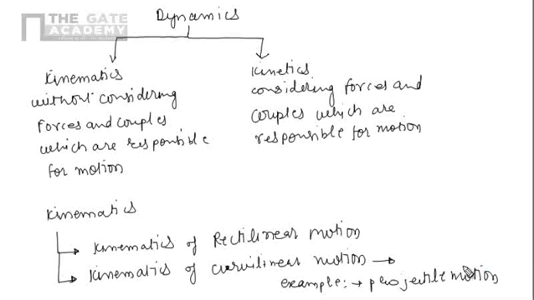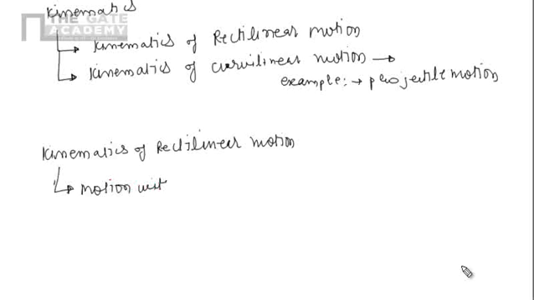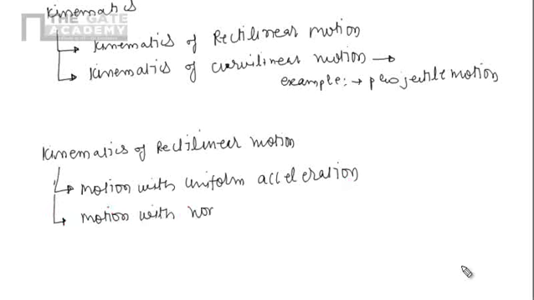So let's start with kinematics of rectilinear motion. In kinematics of rectilinear motion, we will see the motion with uniform acceleration, and we will see the motion with non-uniform acceleration.